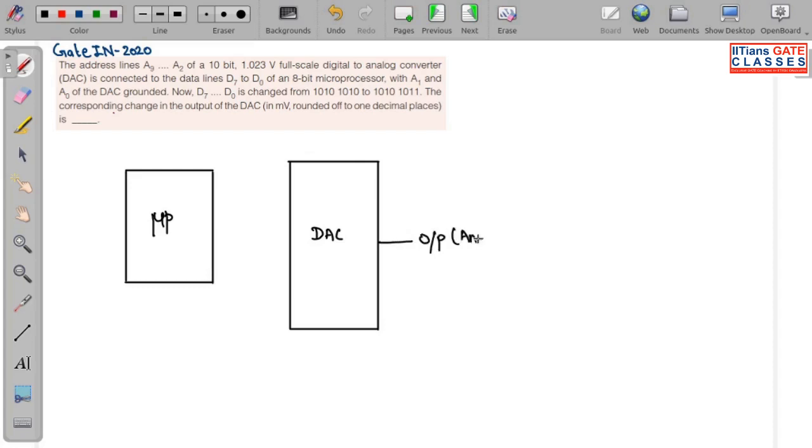Output is analog and input will be digital. They have address lines A9 to A2 of a 10 bit DAC. So here we have A9, A8, A7, A6, A5, A4, A3, A2, A1, A0. In the examination we will not draw all this, this is just for explaining. So what they have said is that this is connected to the data lines.